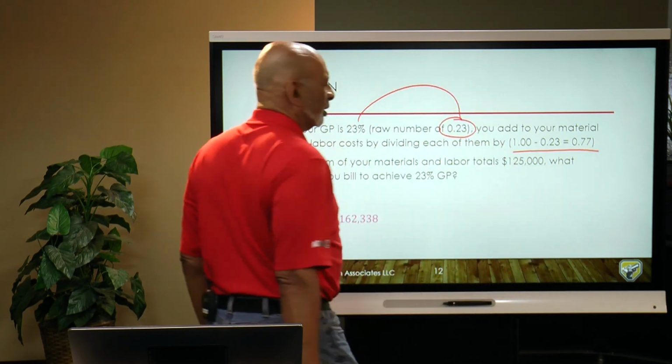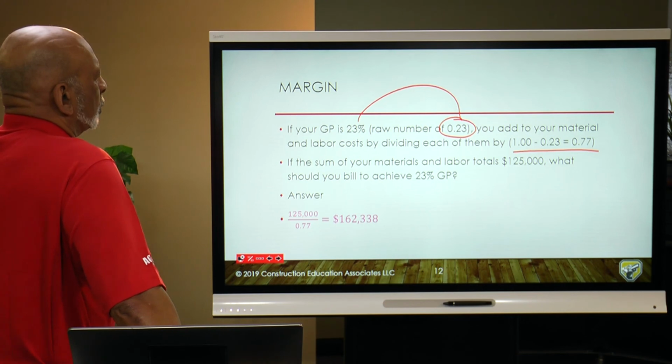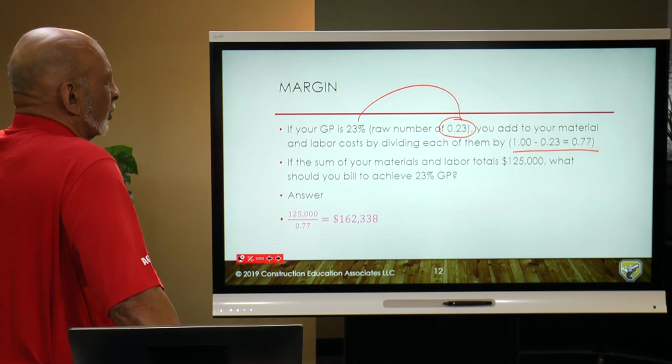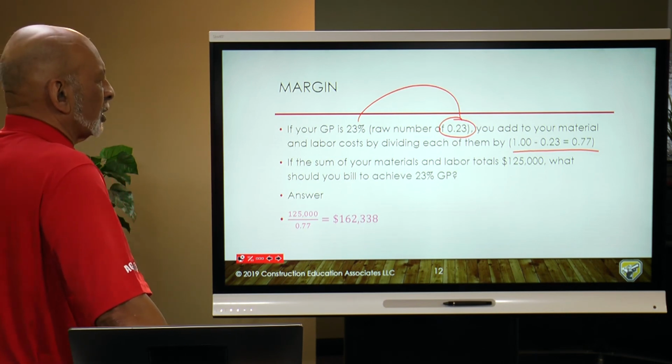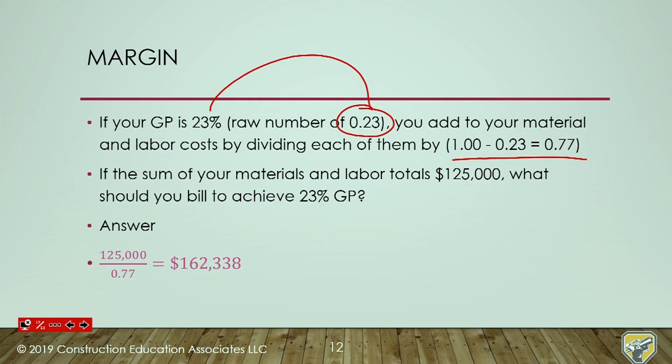Here's how we get the 0.77. We take the whole, what we're going to bill, we're going to subtract off the 0.23, because your material and labor accounts for 0.77 of the whole project if you really want that 23% gross profit. So if the sum of your materials and labor costs $125,000, what should you bill to achieve 23% gross profit?